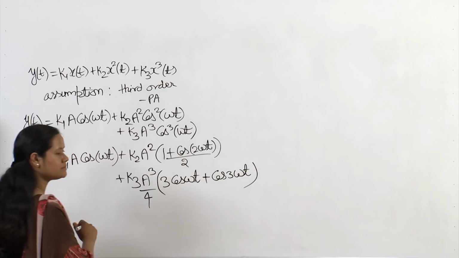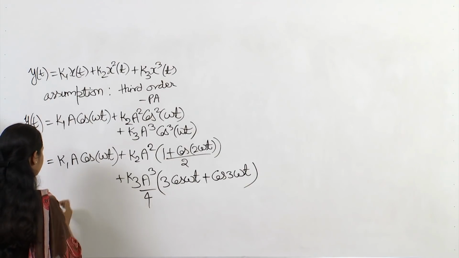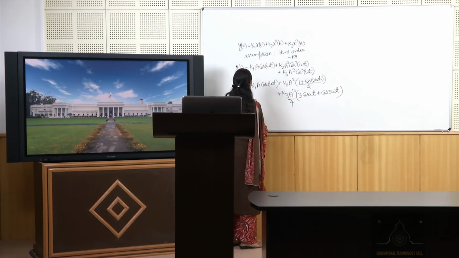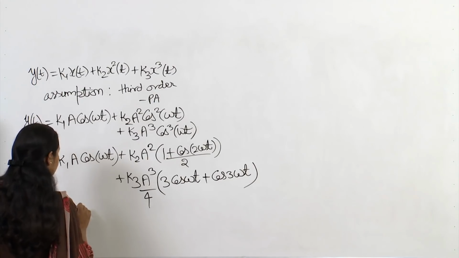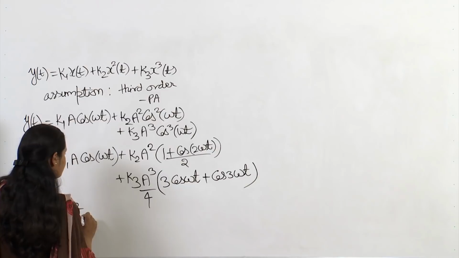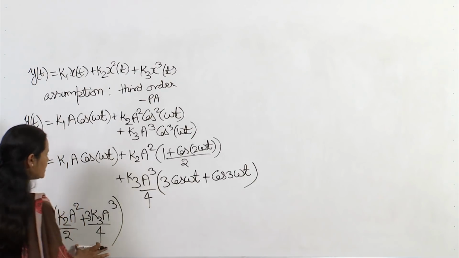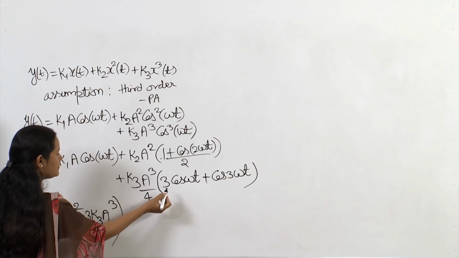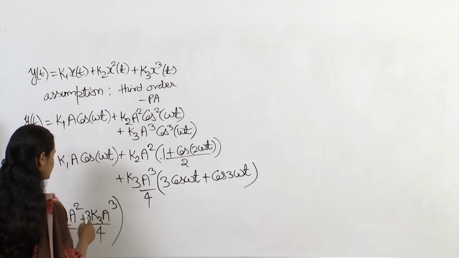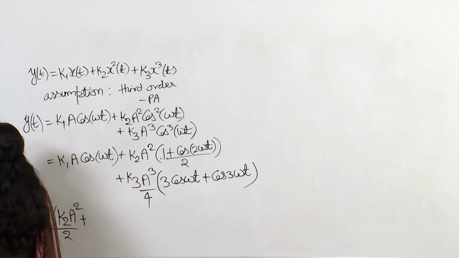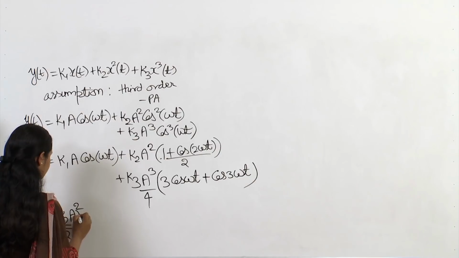so the expression becomes this. If we collect our terms together for the DC frequency, omega t frequency and the higher frequency, there is no frequency in this component, so only this is the DC term.